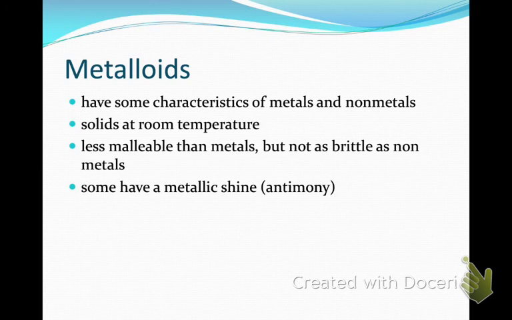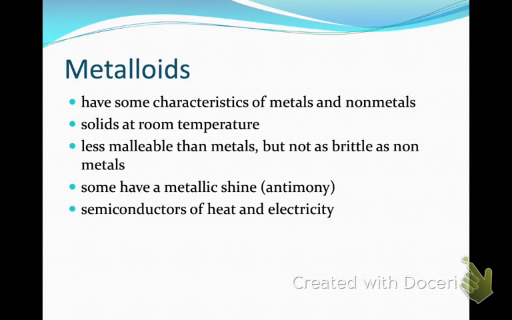Some of them have a very metallic shine, so some of them are very shiny. Antimony is an example of that. Antimony is element Sb, atomic number 51. So you can look at where that's located on the periodic table. And they are what we call semiconductors of heat and electricity.